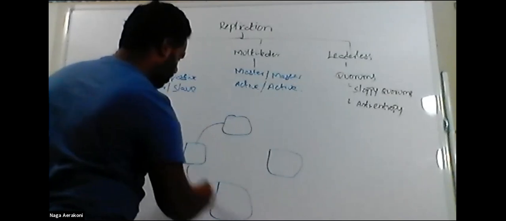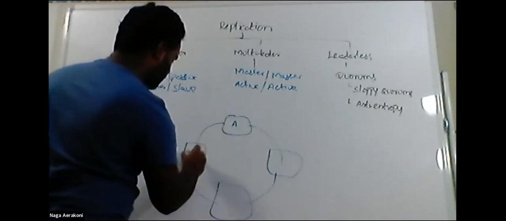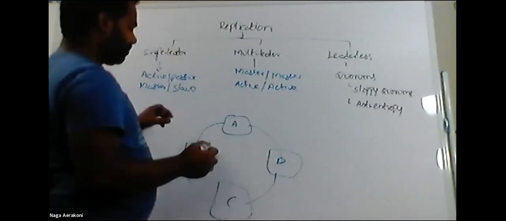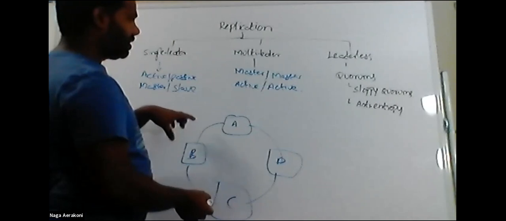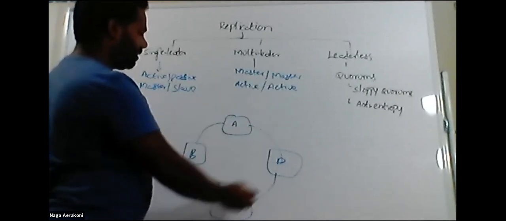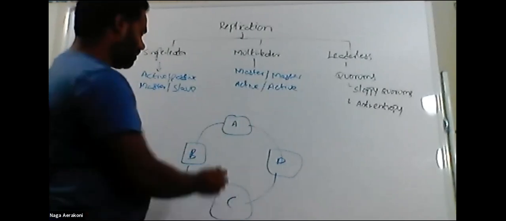Let's say these are all the nodes, A, B, C, D. So we have four nodes now, right? The concept of leaderless is that anybody can serve the reads and writes. That's the idea here.